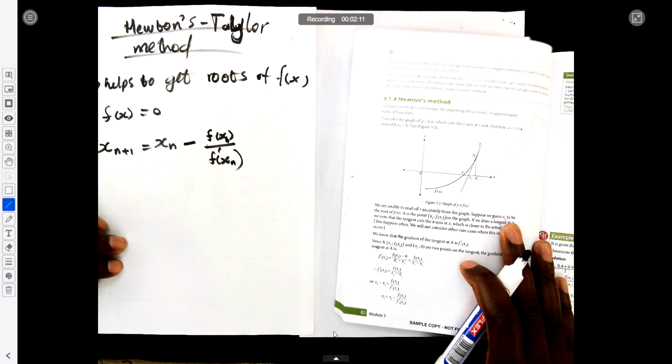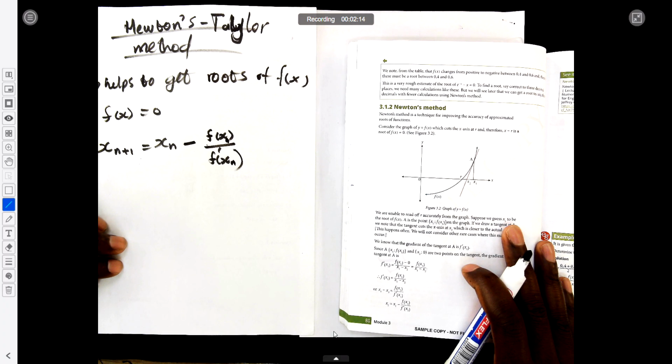So I wanted to draw the formula where it's written.